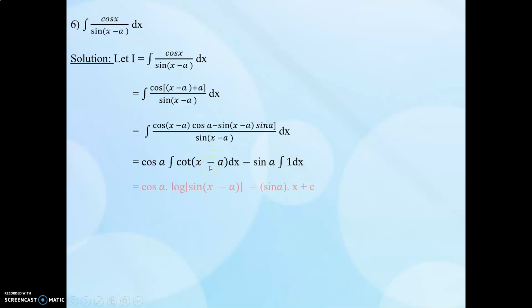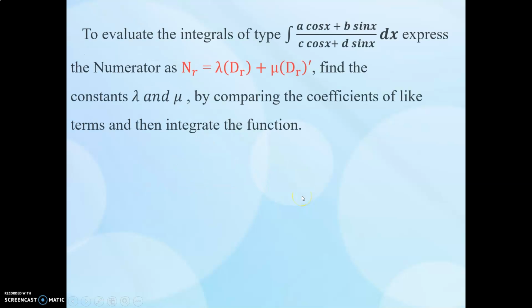Because cos(x − a) upon sin(x − a) is cot(x − a), and sin(x − a) upon sin(x − a) will cancel, only sin a remains. Taking the integral, we know that the integral of cot x is log|sin x|. So it is cos a log|sin(x − a)| minus sin a into the integral of 1, which is x, plus c. That is the answer for this question.